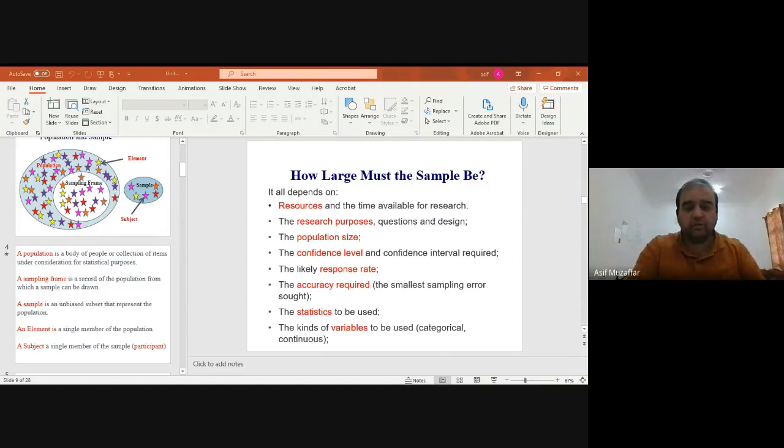That means we need to consider two things for making a sample. One is the sample size, and the other is the sample reliability.